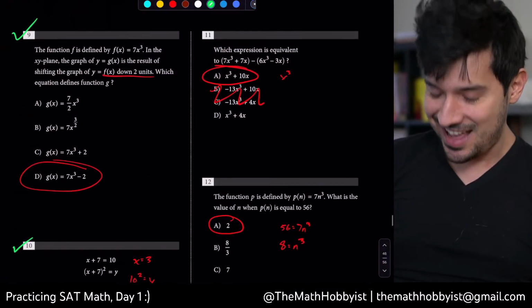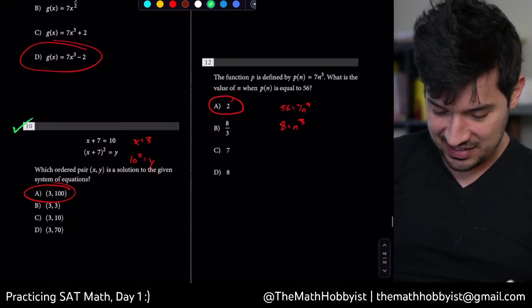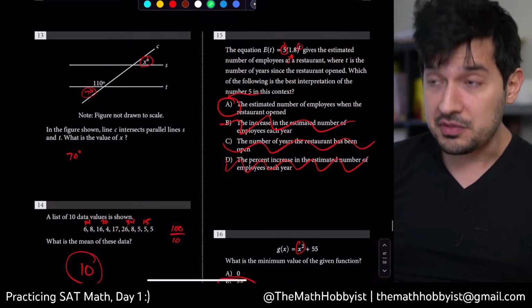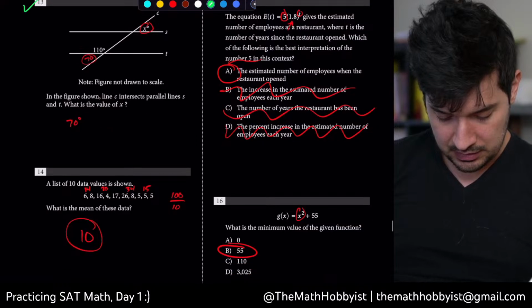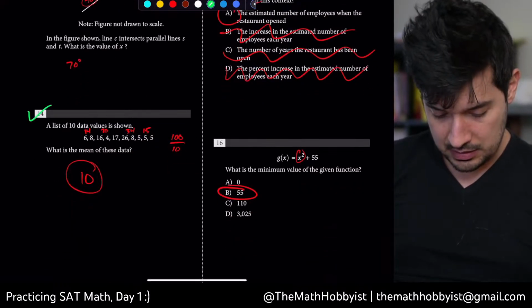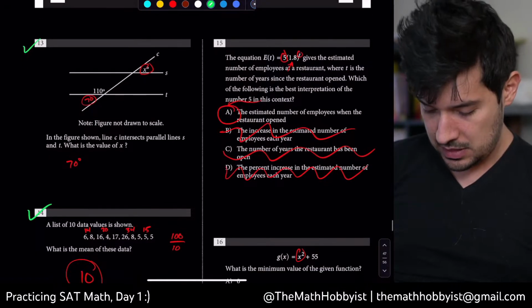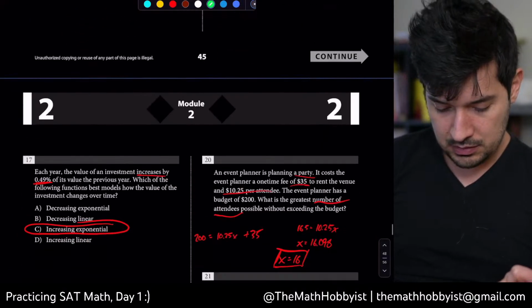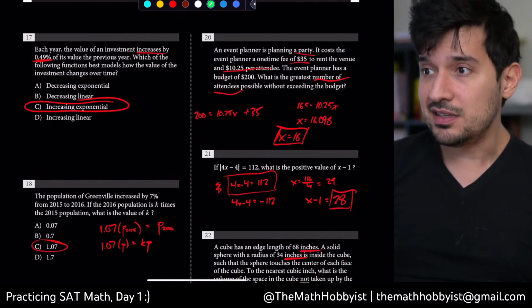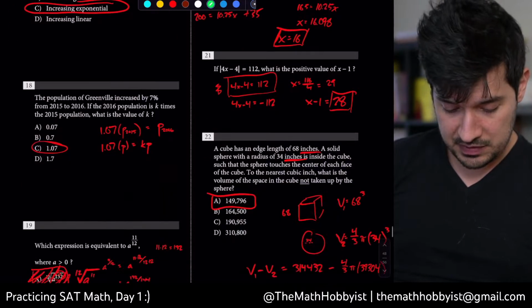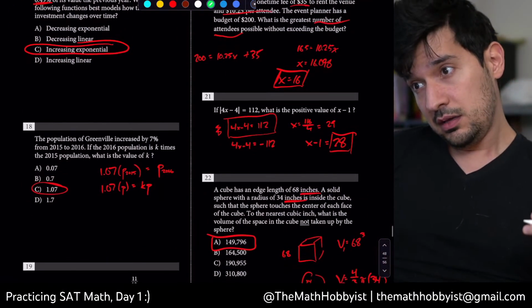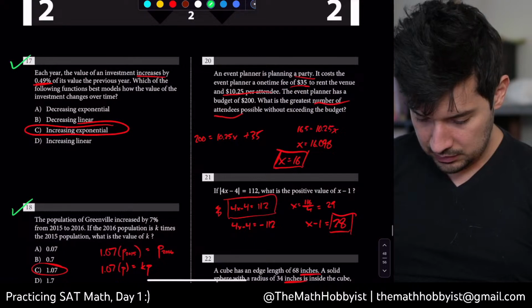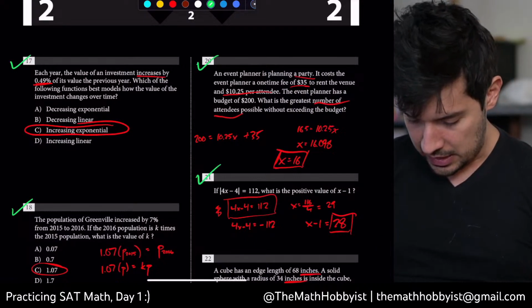Let's get this. 11A, 12A. There were a couple that I wasn't sure about. 13, 70, 14, 10, 15A, 16B. Y'all, I'm feeling good. 17C, 18, CB, 16, 28.